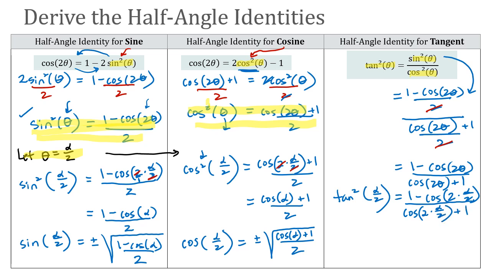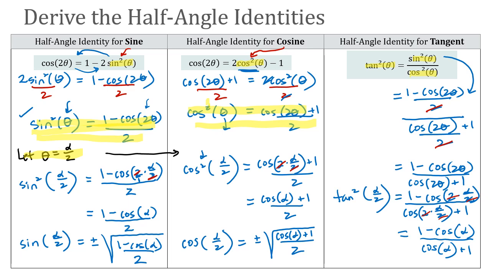Really easy to get lost in this, right? But I think we've got this. So inside the argument of the cosine, the 2's are going to cancel in the numerator and in the denominator. And so I am left with 1 minus the cosine of alpha all over the cosine of alpha plus 1.